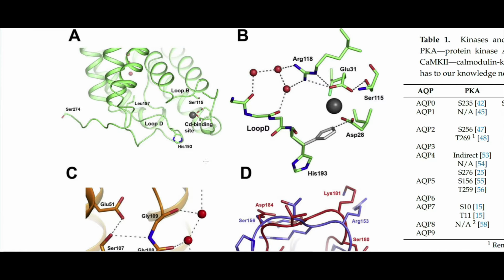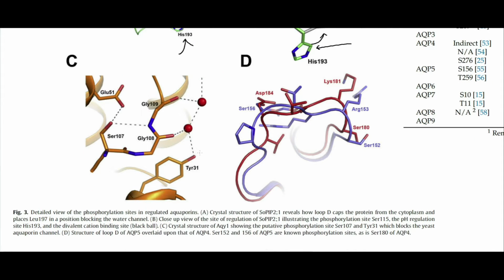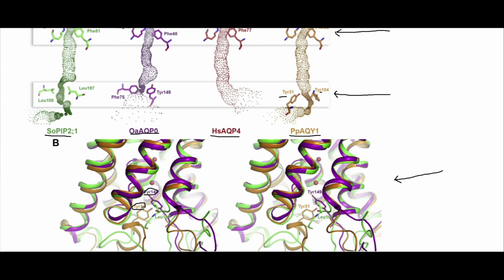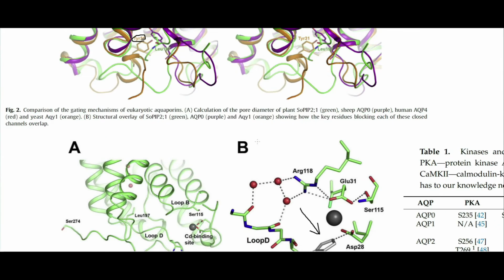And so this down here is looking at a few of these other different things. So for instance, this histidine here, which can sort of switch over and sort of get in the way of the pore here so that water can't make it through. Over here, this histidine, well, this is the same histidine as this one, so that can move over and get in the way of the pore. Same with this tyrosine, so this is that tyrosine 31 that we were looking at up here.